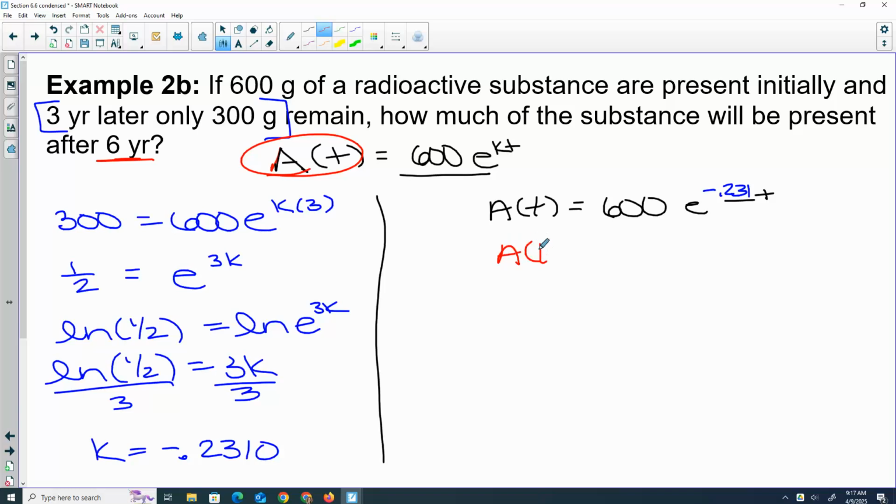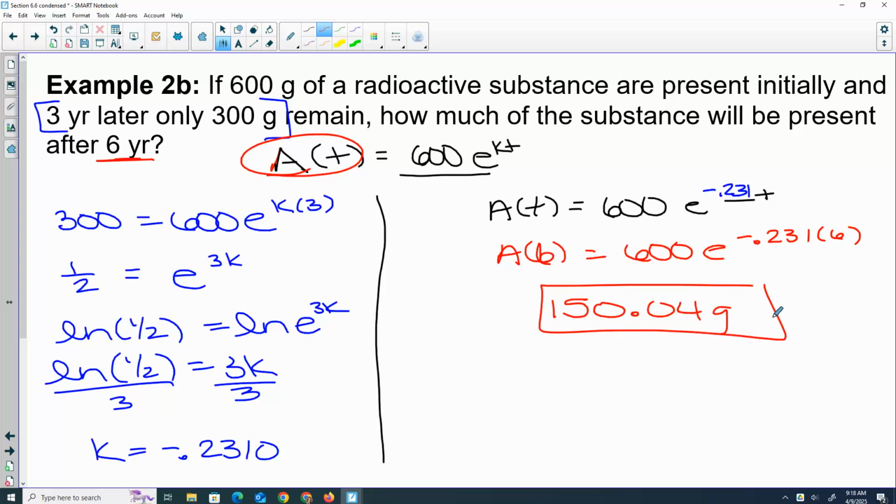To find the amount in 6 years, plug in a 6 for the t. And we get 150.04 grams. Is that okay?